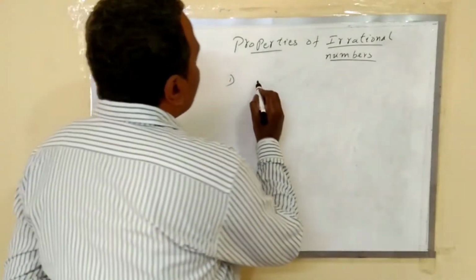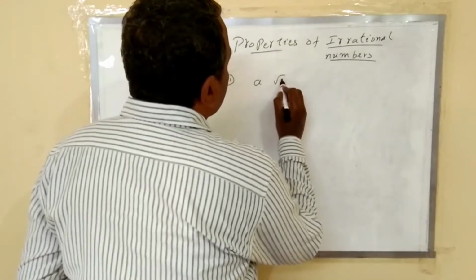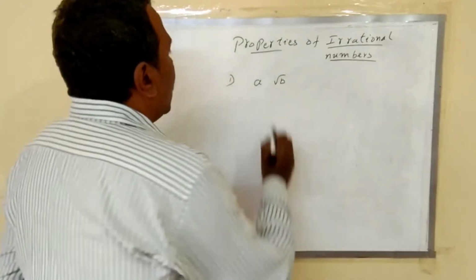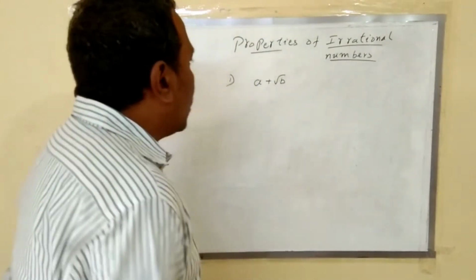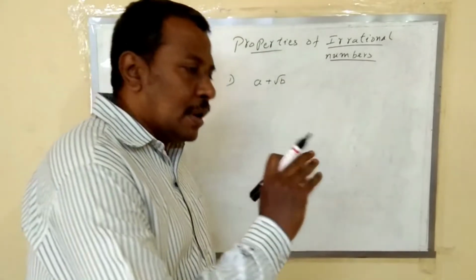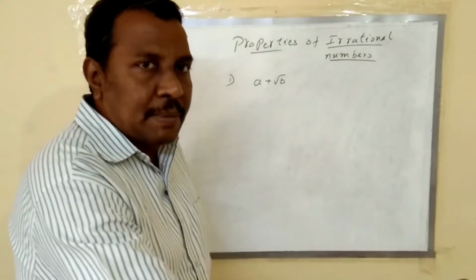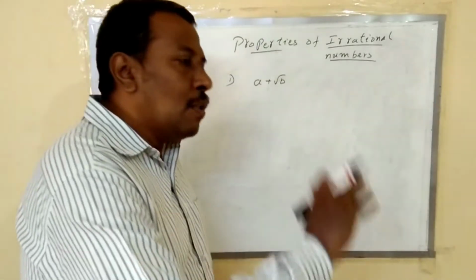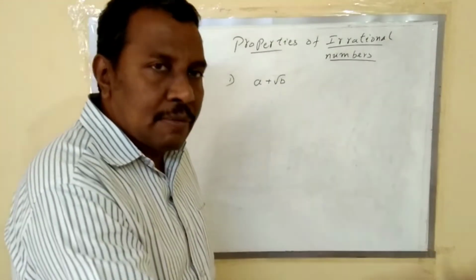For example, a is a rational number and root b is an irrational number. a plus root b is always an irrational number. Or the sum of two or more irrational numbers and a rational number is always an irrational number.